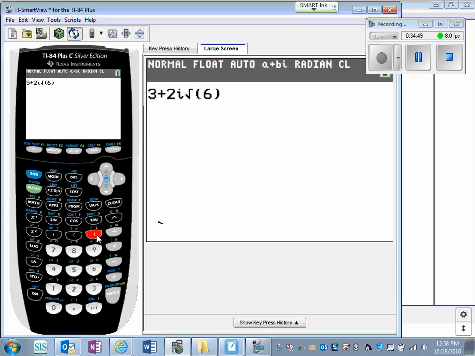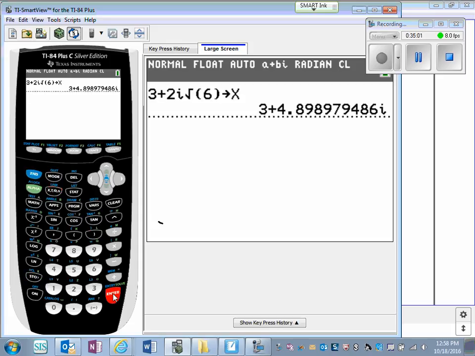Okay, so put this in your calculator and then hit store. You see this STO right above your on? Hit that and hit X. Basically, what you just did was you told the calculator, anytime I click X, it means 3 plus 2i root 6.